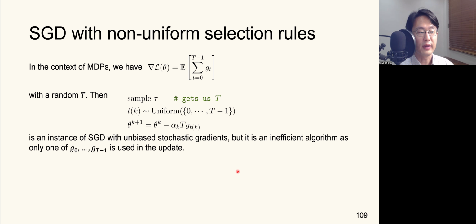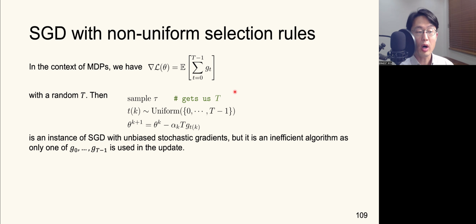Now, in the context of MDPs, the gradient of the objective function J is equal to a sum of a bunch of what we call g's. These g's are the things that we had in the policy gradient method. The g_t will be the grad log pi multiplied by the advantage estimate.